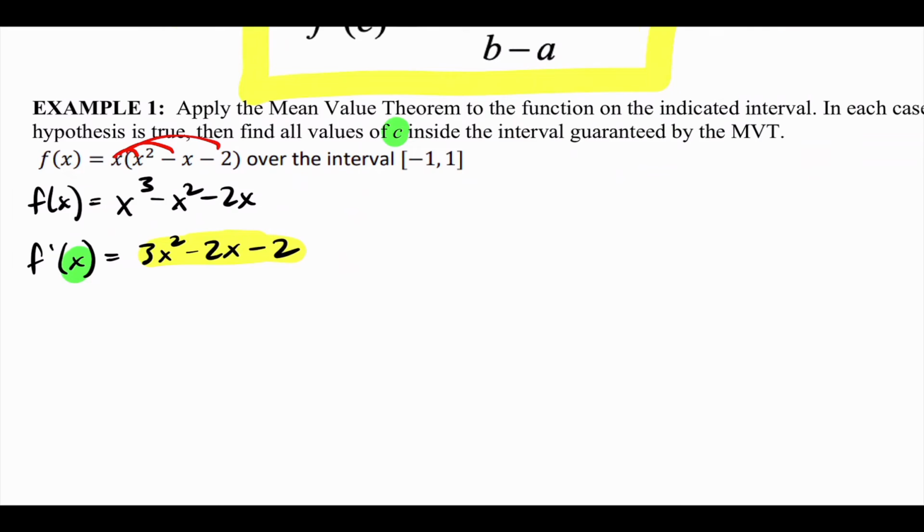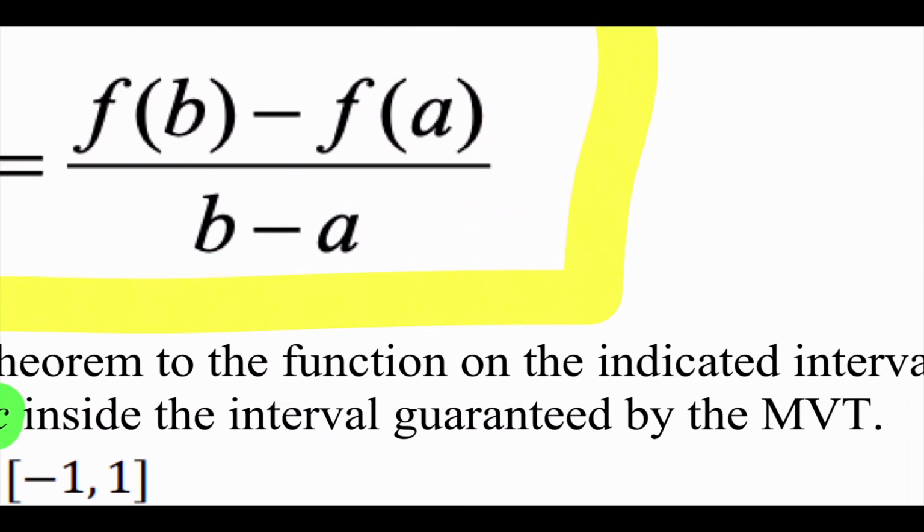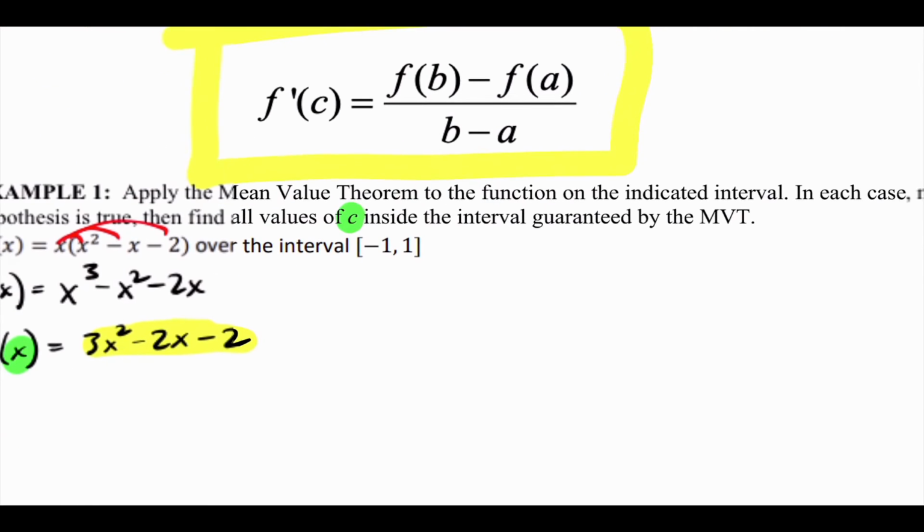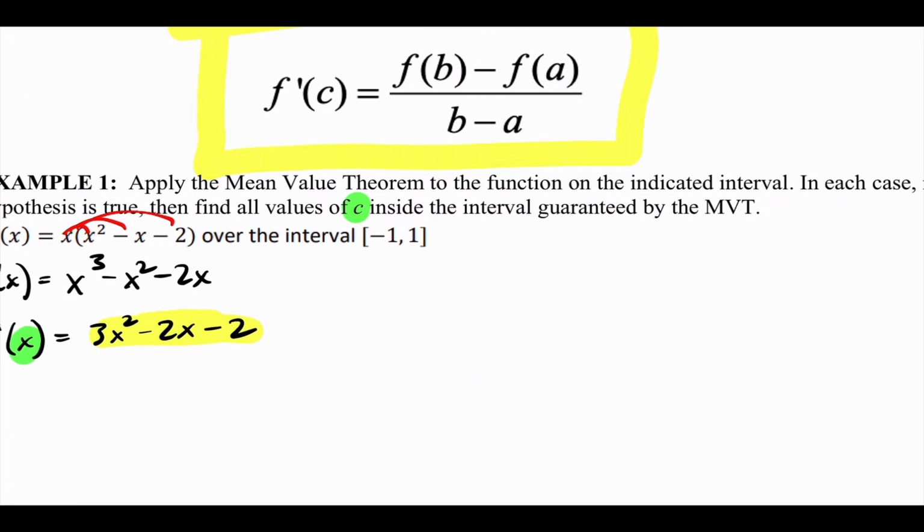Now let's do the slope part. Okay? So in order to do slope, I need 2 points. Do I have 2 points? In order to do slope, right? y2 minus y1 over x2 minus x1.